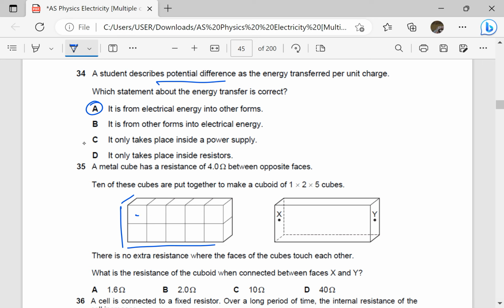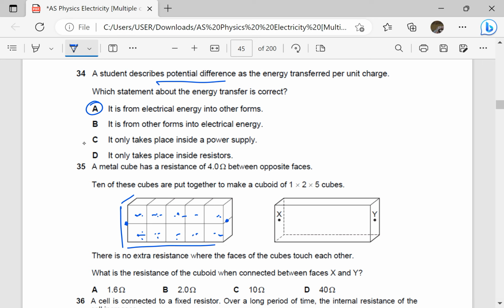So it means there are 1, 2, 3, 4, 5, 6, 7, 8, 9, 10. So there are 2 in parallel, there are 5 in series, and another 5 in series. Then the combination of 5 is in parallel. So let's say Y is here and X is here. These 2 are in parallel, these 5 are in series with each other, these 5 are in series with each other, and then the combination is in parallel.